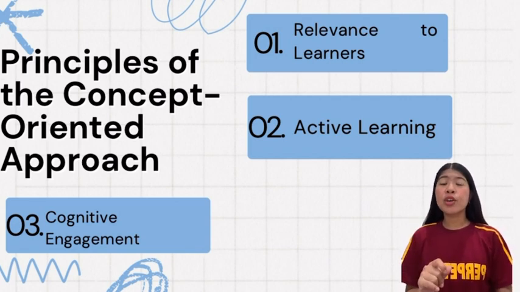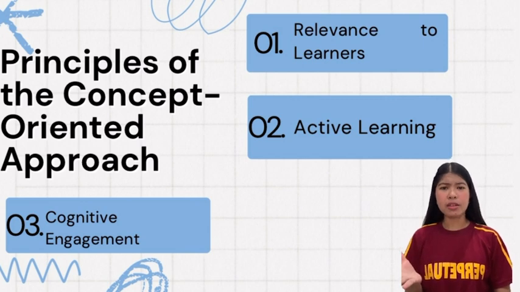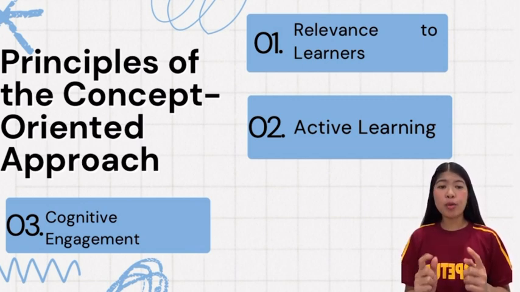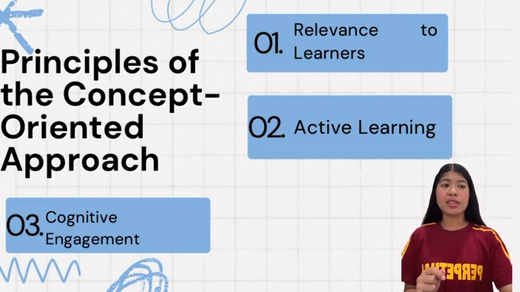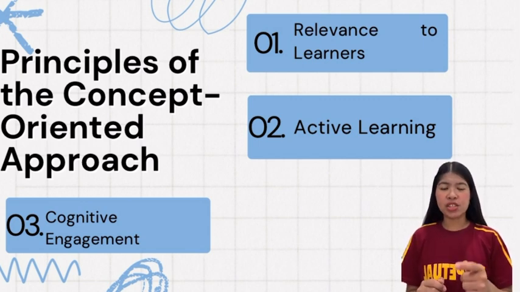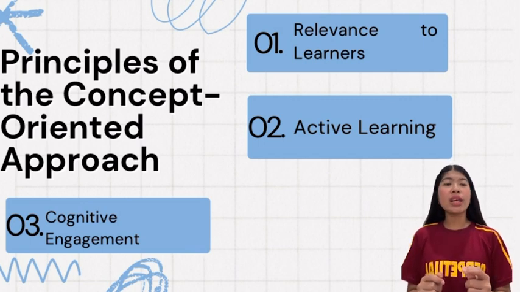Pangatlo, we have cognitive engagement. So, what is cognitive engagement? Unlike traditional language learning that might emphasize memorization, COA promotes deeper cognitive processing. For example, students are required to think critically about how language is used to convey a concept and how they can use it in real situations.